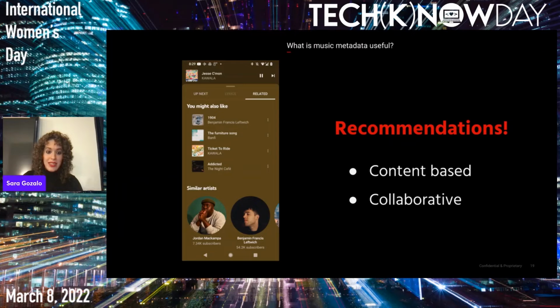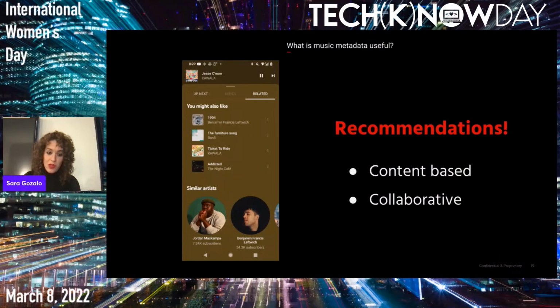This metadata is the one that is related to the actual track, like the BPM, so how fast it is, or the mood. For example, if we want to identify the mood of the track, if it's happy or sad, we can also identify the key. So these kinds of things will give us some indicators that we will use.